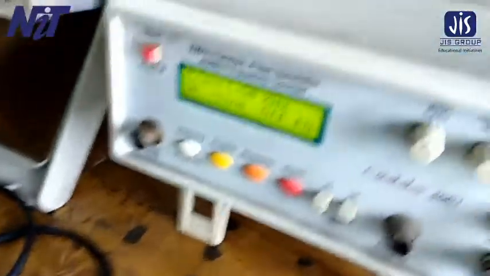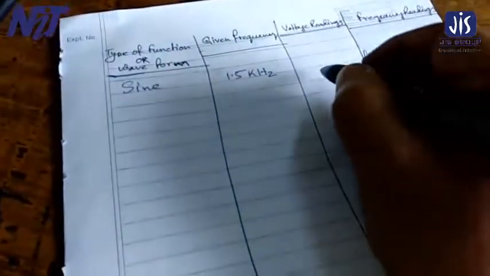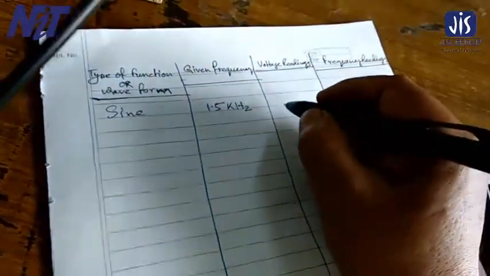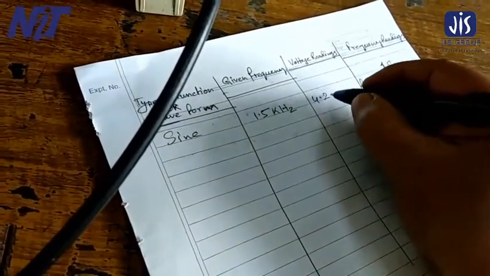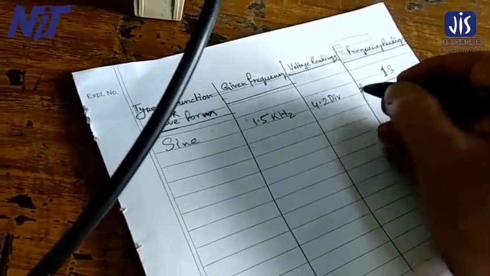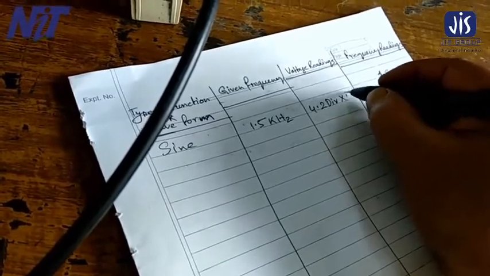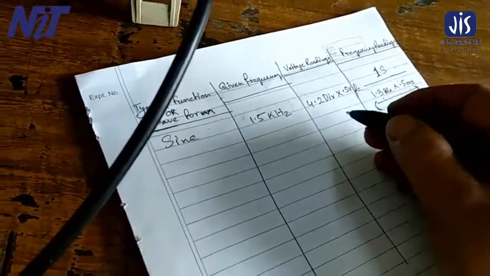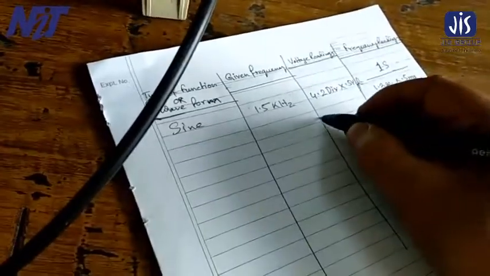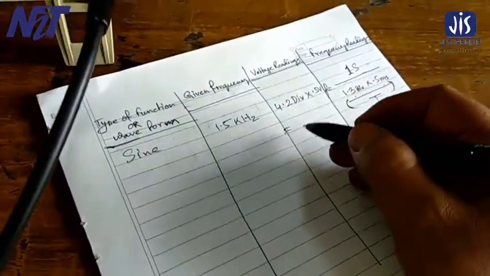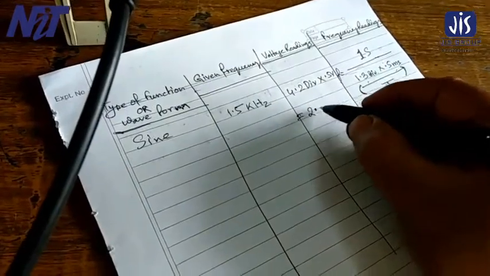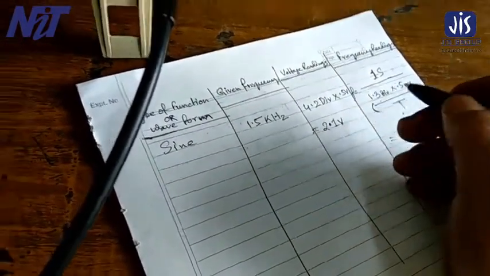So your voltage amplitude will be 4.2 divisions into 0.5 volt. After calculation you will get 2.1 volt.